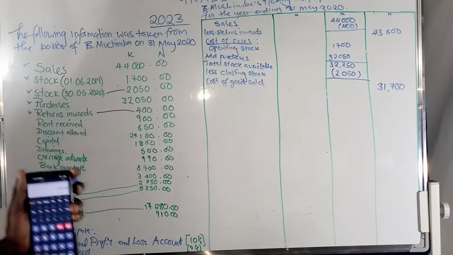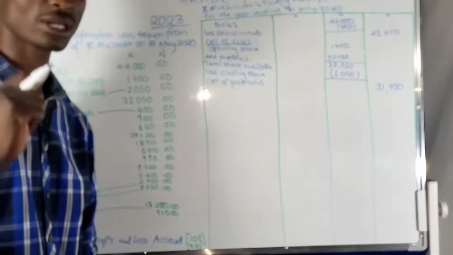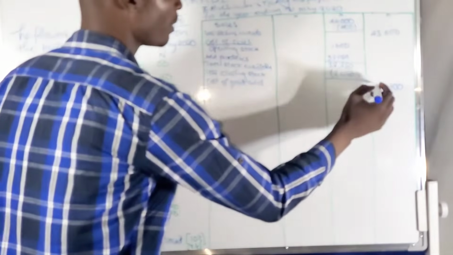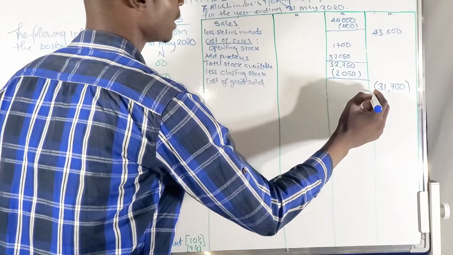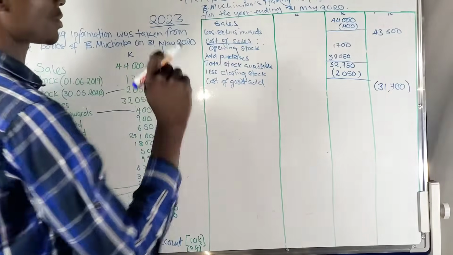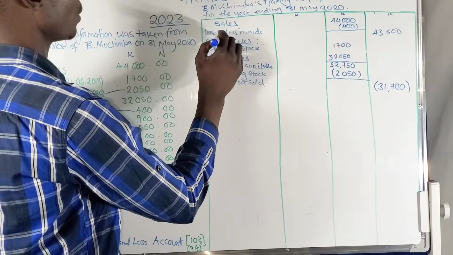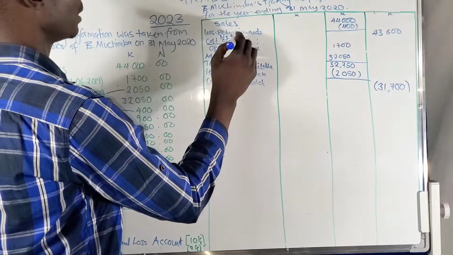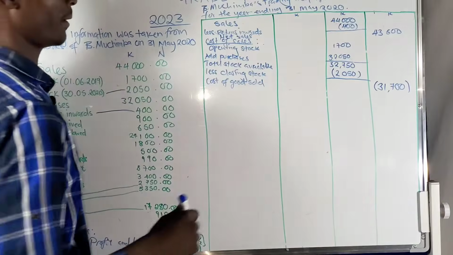Now, to the cost of goods sold, we are going to subtract this from the net sales. Oh, by the way, this amount is called net sales. Sorry, I didn't mention. This difference is called net sales or turnover. Net sales or turnover. All right.